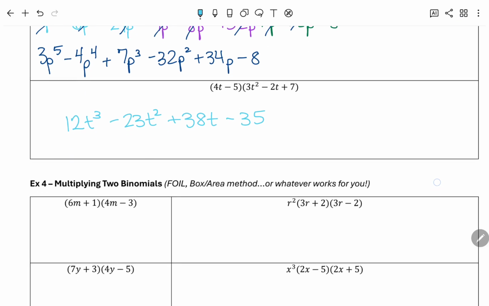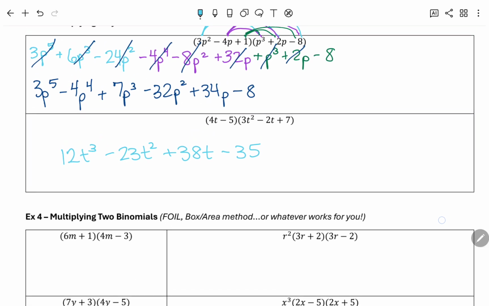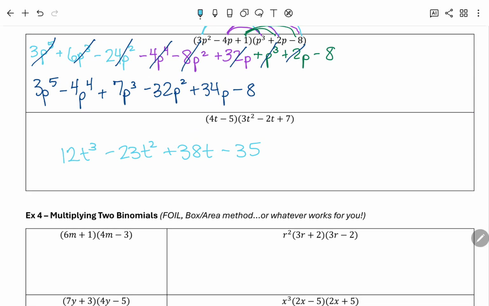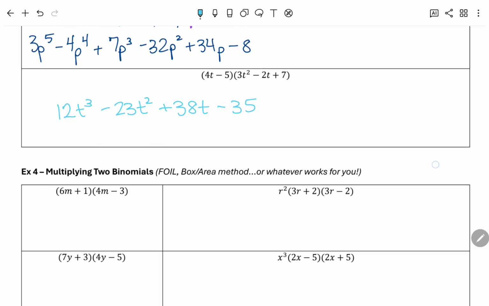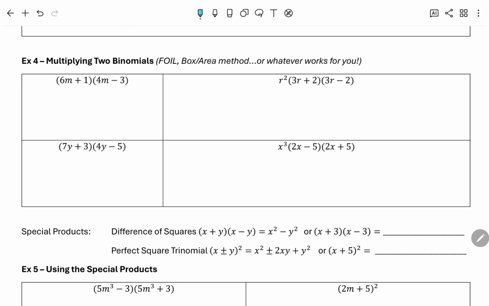Okay, checking that answer. You didn't have quite as extensive. Notice that when I did it, we had a trinomial times a trinomial, and you only had a binomial times a trinomial. So you had fewer terms to work with. You're welcome. Okay, example 4, multiplying two binomials. Remember, we come from a varied amount of background. So whatever method you have that works for you, do that.